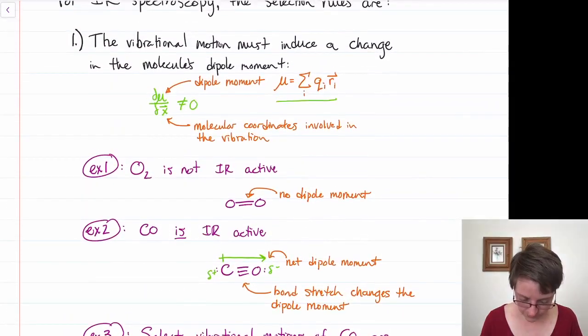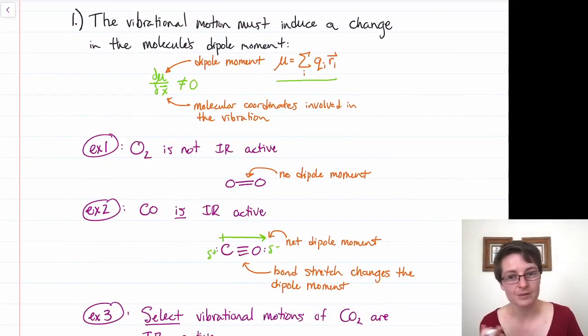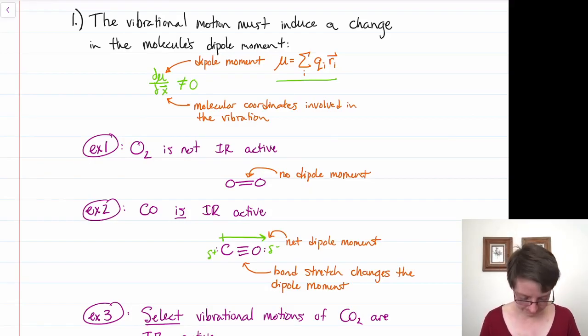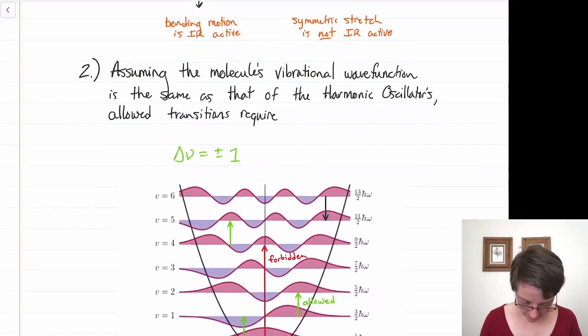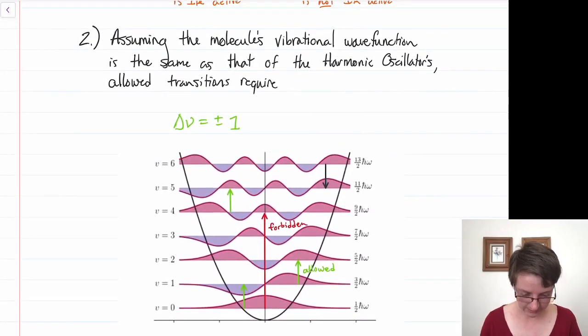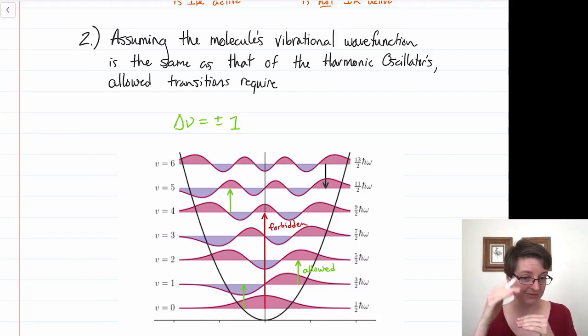And so this rule about dipole moments helps us understand one of the two necessary conditions for making a vibrational motion IR active, but it's not the only condition. It turns out there is also a selection rule associated in particular with the harmonic oscillator model that says that the transition dipole moment integral is only expected to be non-zero if we are traveling between successive energy levels.